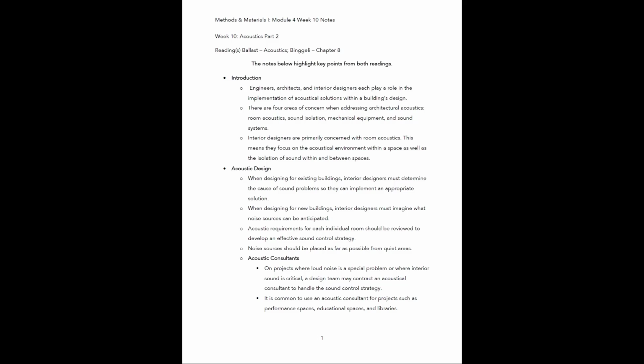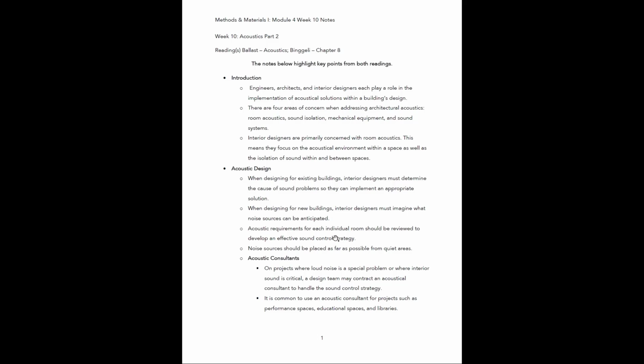Maybe it's downtown and there's a lot of traffic going by. That's something we could anticipate. Or what's the function of the space? Is it going to be a theater or a lecture hall or an office, something that needs a lot of sound isolation? All of those things are going to help us in determining what we are going to need for the project based on the use and also the location of the building.